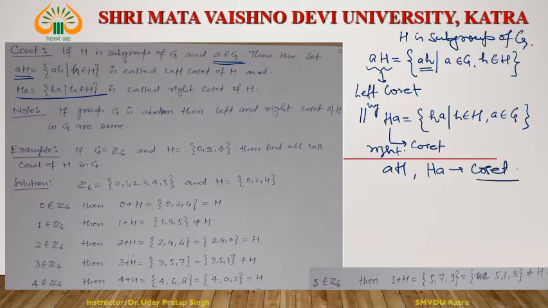But one thing is important: we define coset when H is a subgroup.